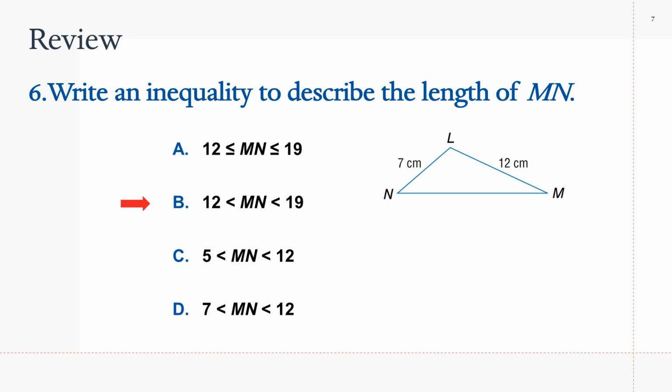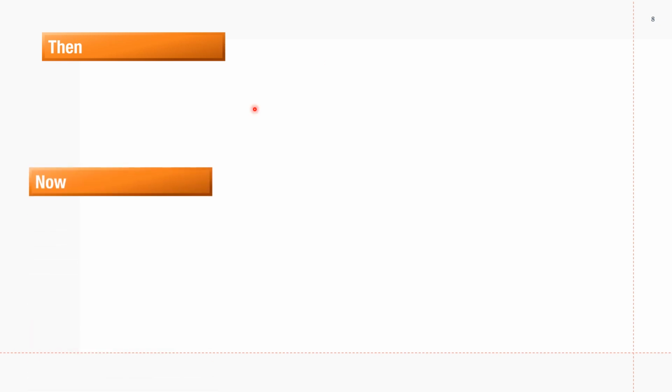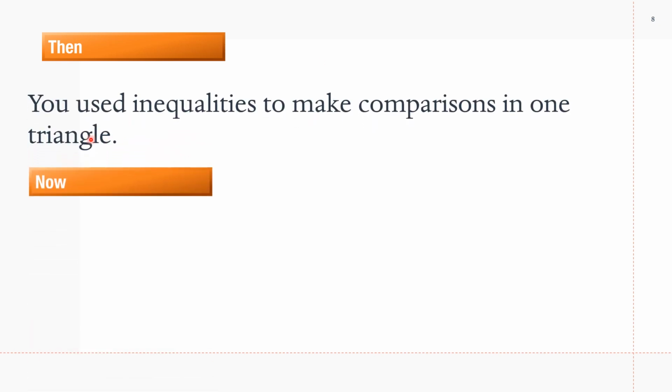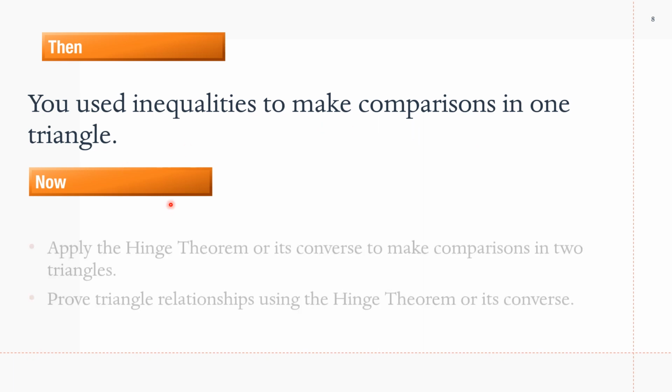So we could say that 12 is less than MN and MN is less than 19. That would be the third side. Then, you use inequalities to make comparisons in one triangle.